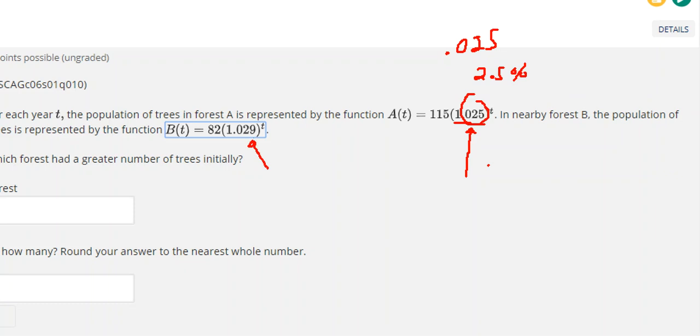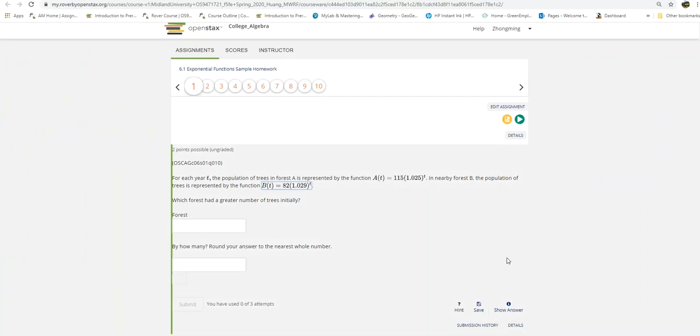And for B, hopefully you can figure that out. It is essentially 2.9%. Because it's growing exponentially, B will eventually outgrow A. All right, this is it.